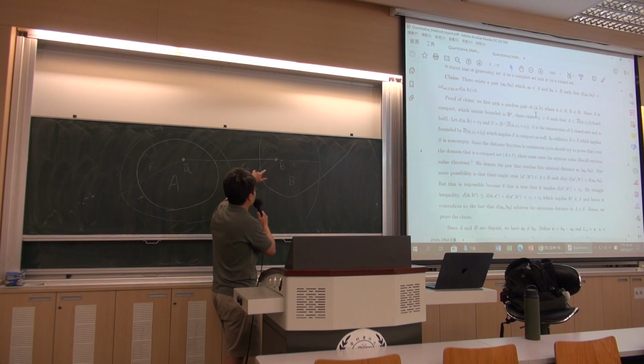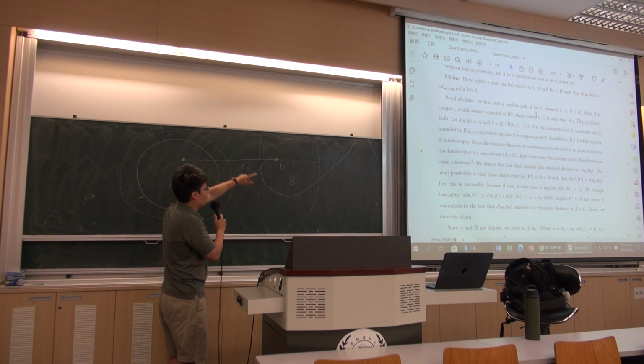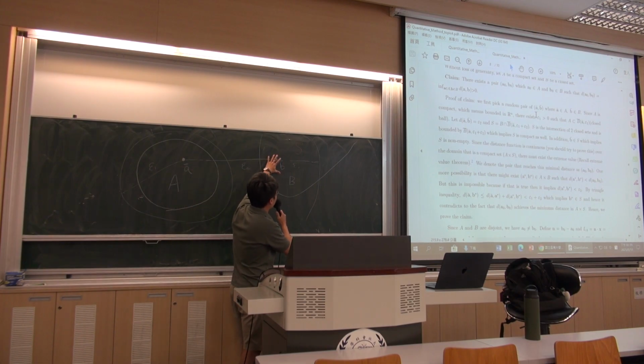So we extend that straight line a little bit by epsilon 1, draw another closed ball, and take the intersection of B and this closed ball, which is S here.